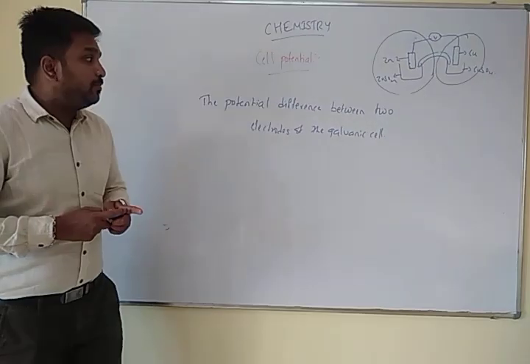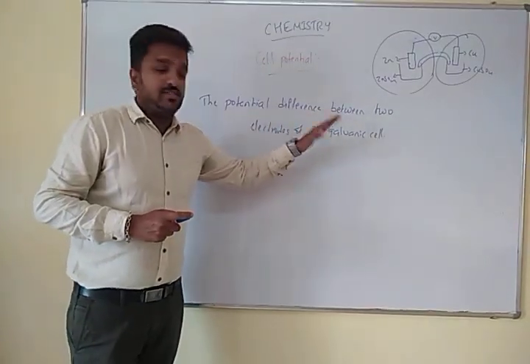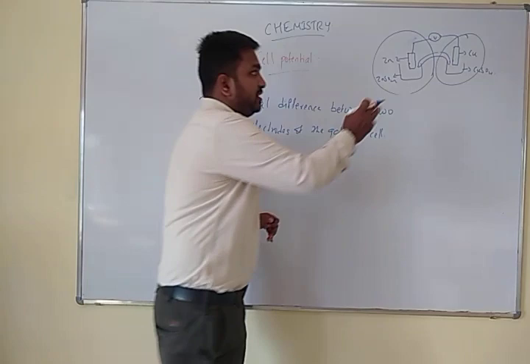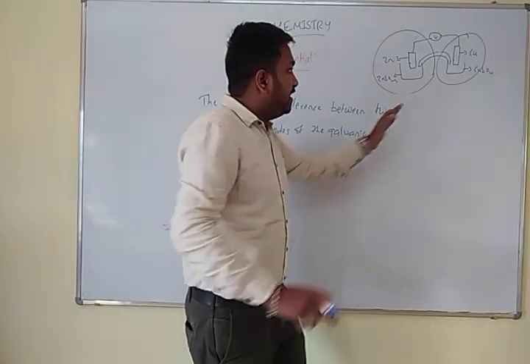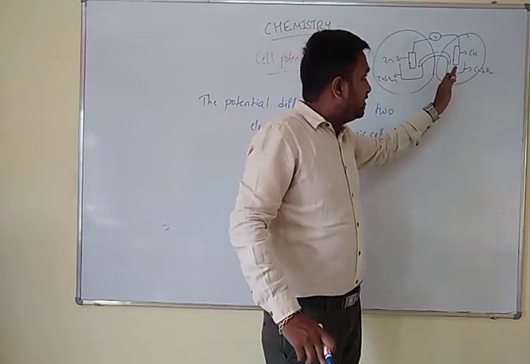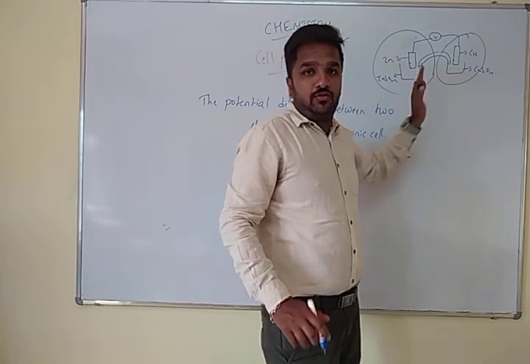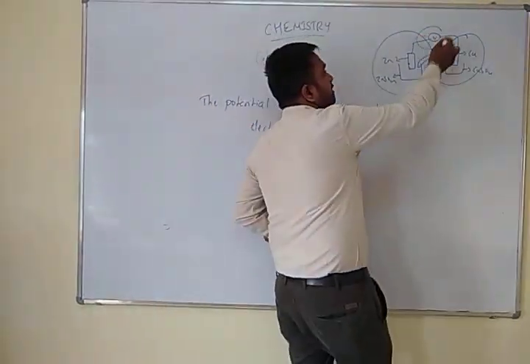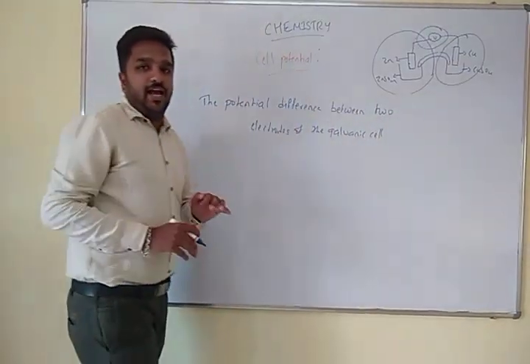So finally, the cell potential is the potential difference between the two electrodes of the galvanic cell. That means the potential difference of this, subtracting the potential difference of one more electrode. Finally, we get the cell potential. That is the total cell potential of the complete galvanic cell.